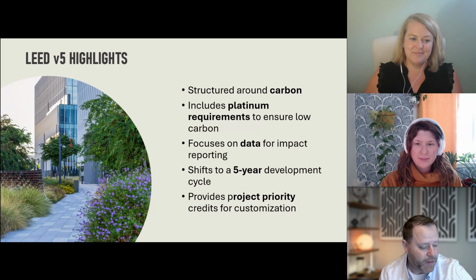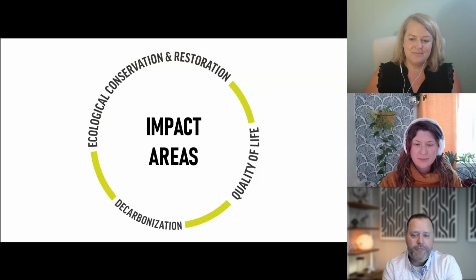All right, the main focus areas or impact areas for LEED version 5 were the three you see on screen here. There's decarbonization, which I mentioned is about half the points in the rating system. And then the other quarter points are from ecological conservation and restoration, and the final quarter from quality of life.